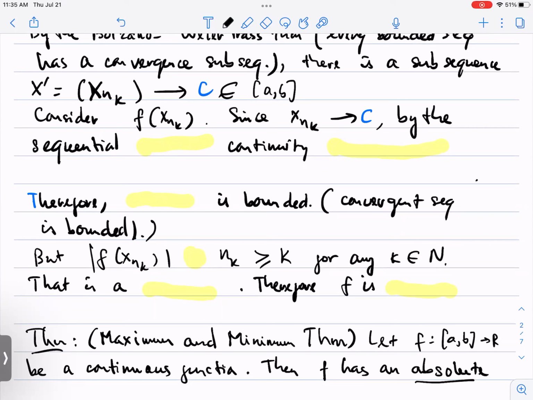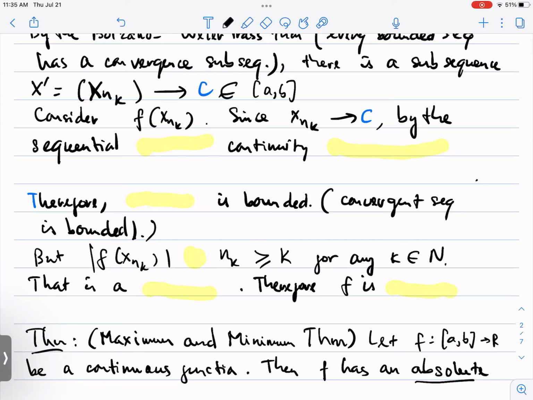This sequence converges to some number C that belongs to this interval from A to B. Now we consider f of x_nk, that is the function f evaluated at each point in this sequence.